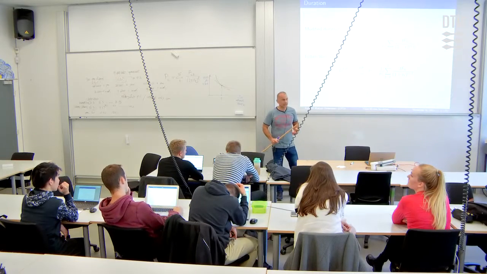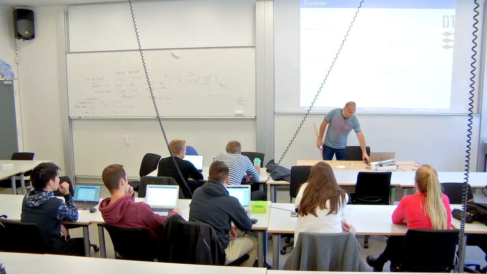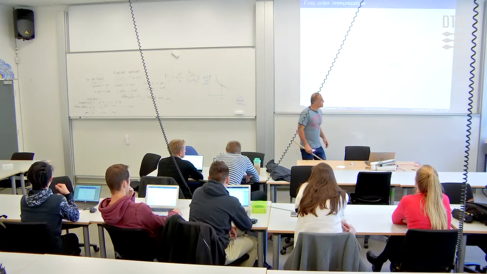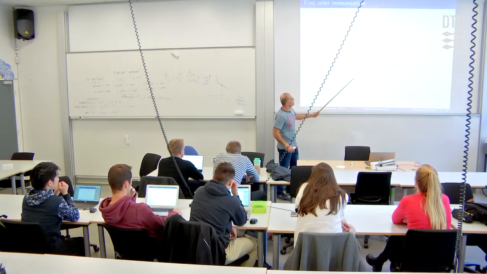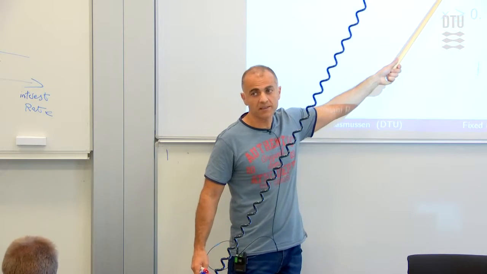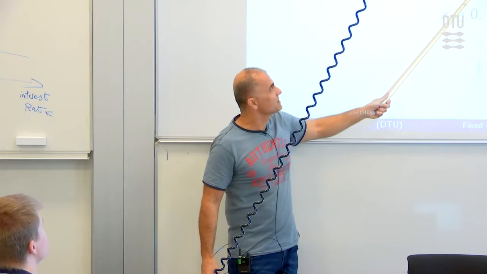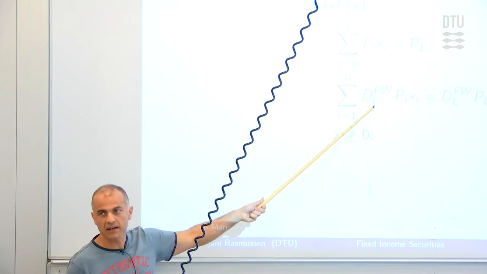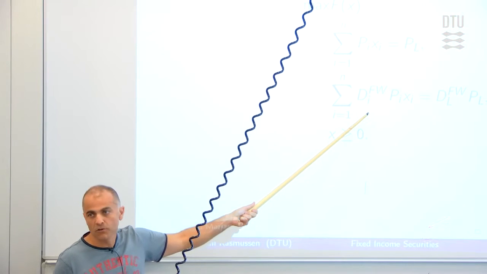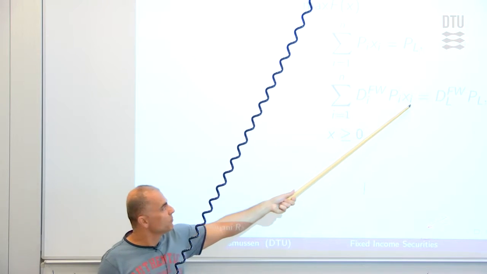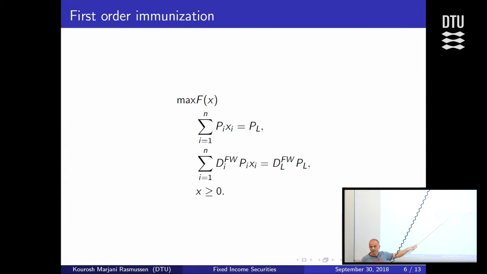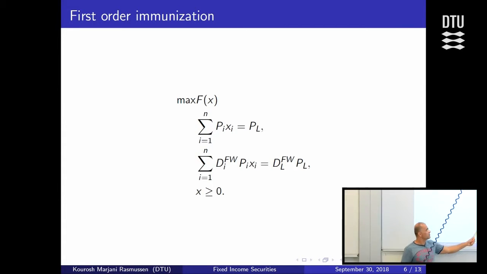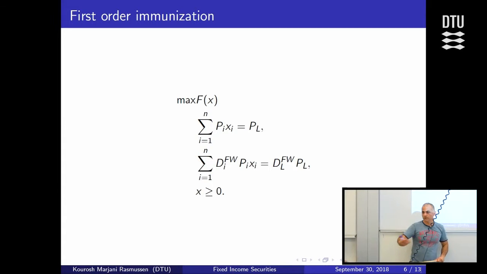Right. So essentially that is in this case, and notice here what the optimization model wants to find out is the x's, right? Because you have different durations. You see this duration has got this i, right? So you don't know which bonds to buy, but you want to buy bonds in such a way that your portfolio of bonds, your asset side, has the same duration as your portfolio of your liabilities.